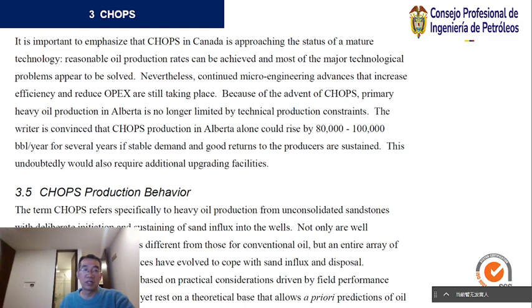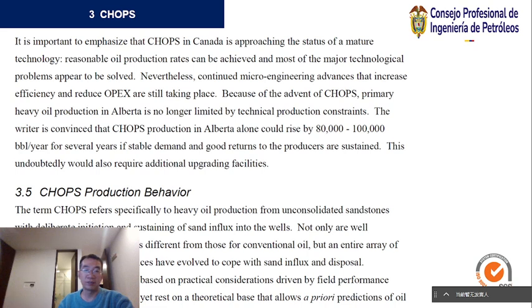The writer is convinced that CHOPS production in Alberta alone could rise by 80,000 to 100,000 barrels per year for several years if stable demand and good returns to producers are sustained. This undoubtedly could also require additional upgrading facilities.